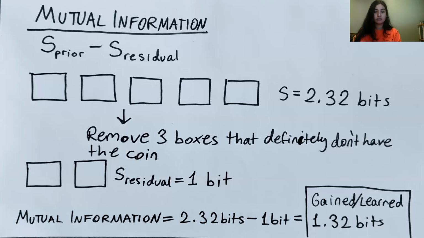And in this case, the prior uncertainty would be the 2.32 bits, and the residual uncertainty would be the 1 bit. So the mutual information, or the information that we have gained from the situation, is 2.32 bits minus 1 bit, which is 1.32 bits of information that we have learned.